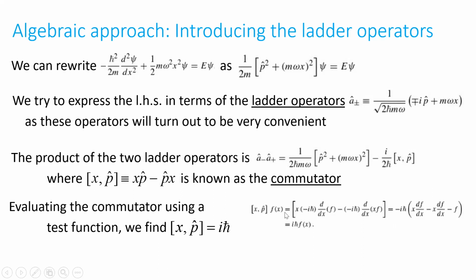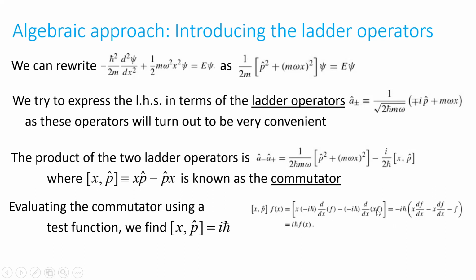The commutator of x and p on that would be x p minus p x operating on f. So x p would be x times minus i h bar d/dx of f, minus p, which is minus i h bar d/dx, acting on x f. That's the second term.